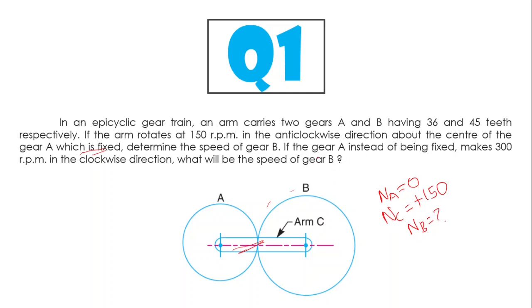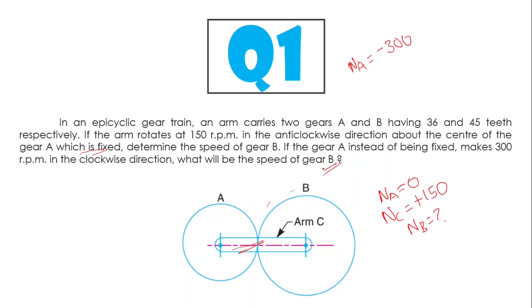In the second part, if the gear A, instead of being fixed, makes 300 rpm in the clockwise direction, that means NA is equal to negative 300. Negative sign indicates the clockwise direction. Clockwise direction means a negative direction. What will be the speed of the gear B at that time?